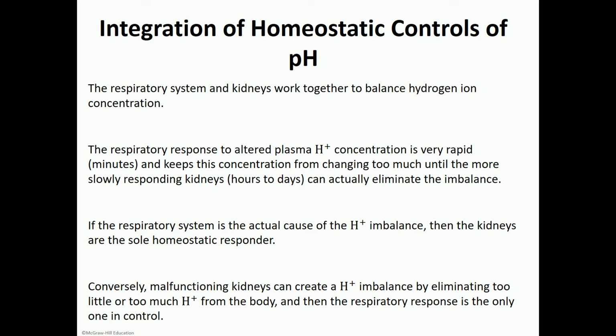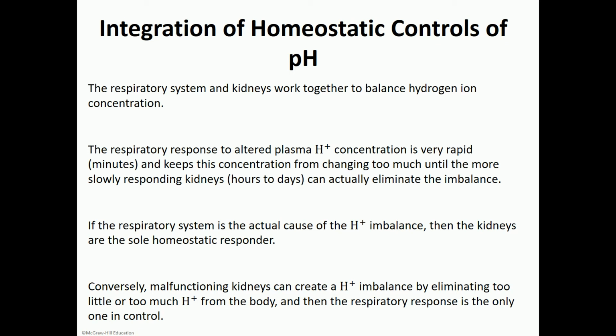If, for example, we're in a case of acidosis and we want to eliminate more acid, we can hyperventilate, and in doing so, we are washing away excess carbon dioxide. That is a buffer system that happens within minutes.